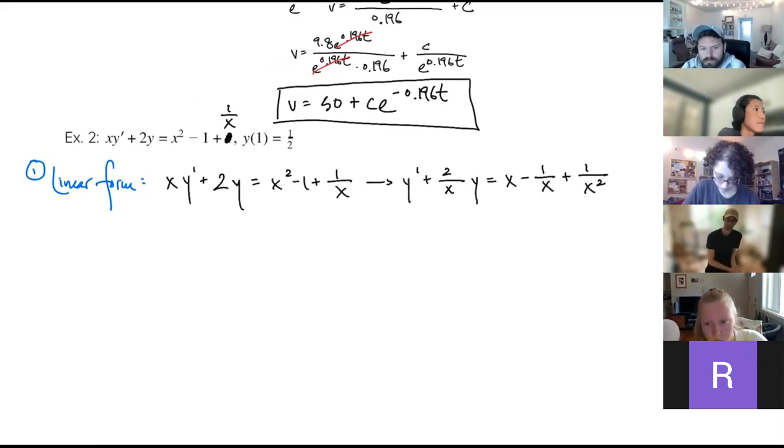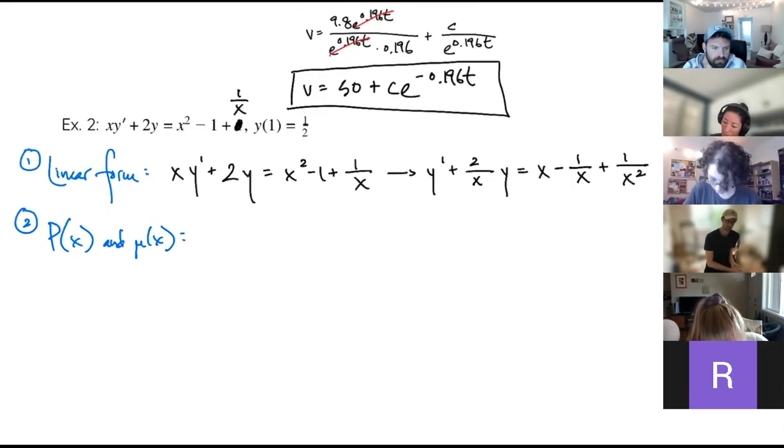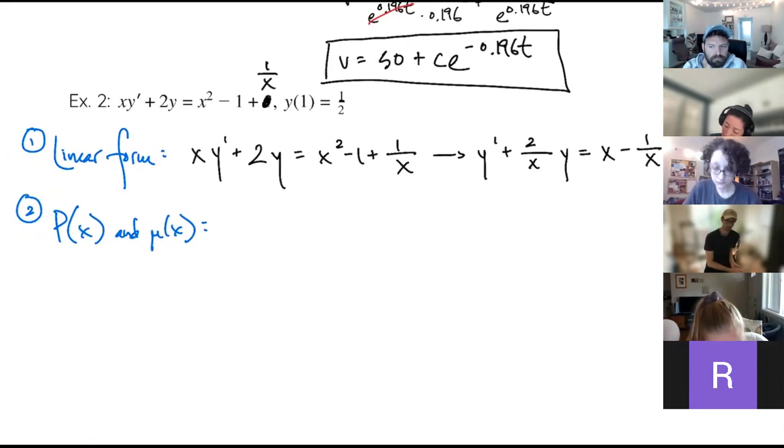Now that we've got it in that form where the coefficient is equal to 1, we can start to think about finding our p of x and our mu of x. We've got a lot more letters this time. What are our thoughts on p of x?